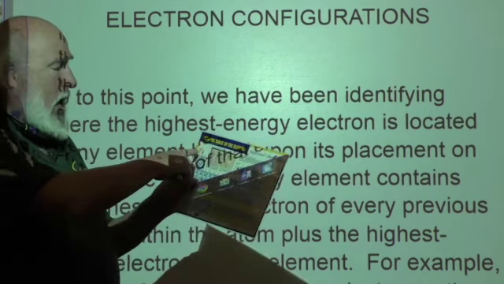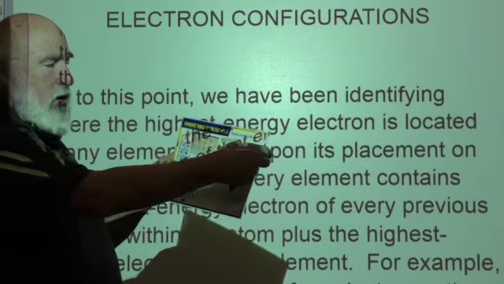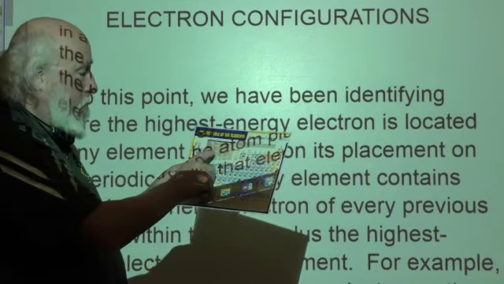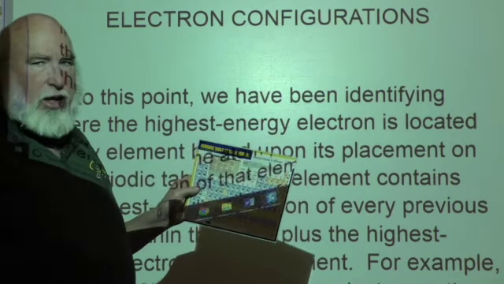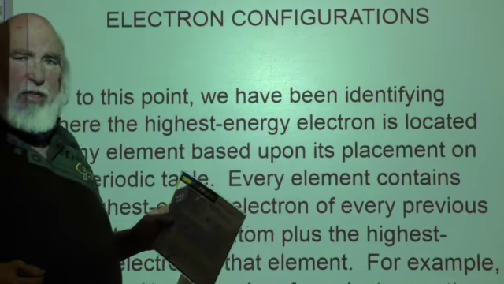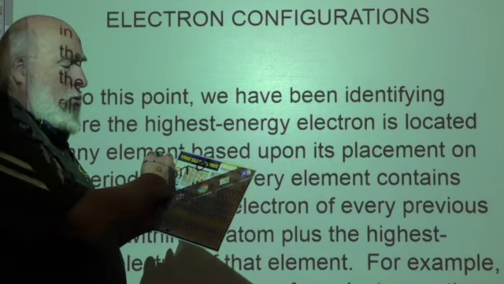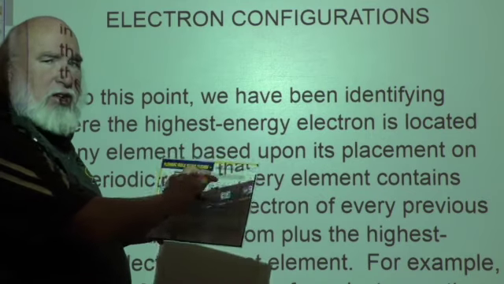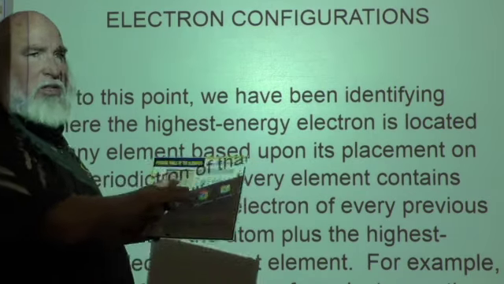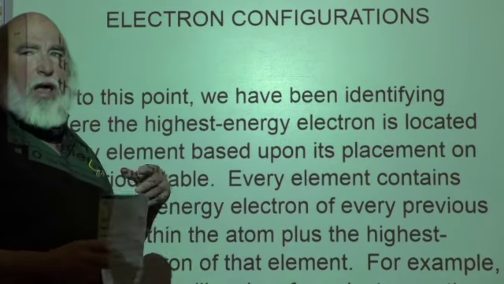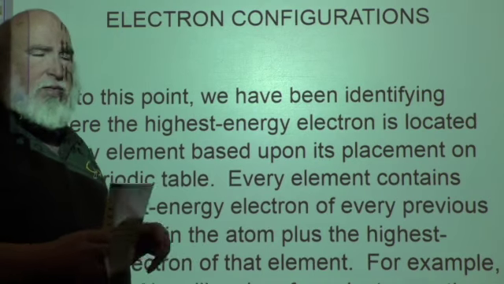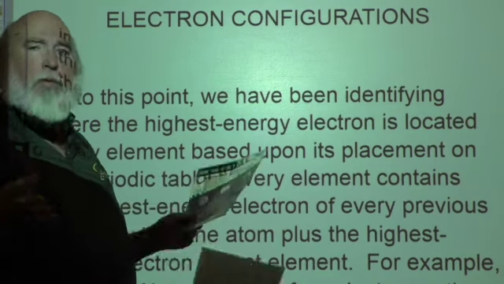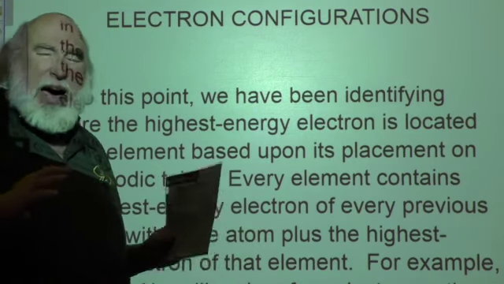And it contains the highest energy electron of hydrogen, the highest energy electron of helium, the highest energy electron of lithium, as well as the highest energy electron of beryllium, all together. So we use the highest energy electron of each of these elements, proclaiming that these elements are representatives of the electrons associated with it in its highest level. And that gets us to where all the electrons can possibly be found.